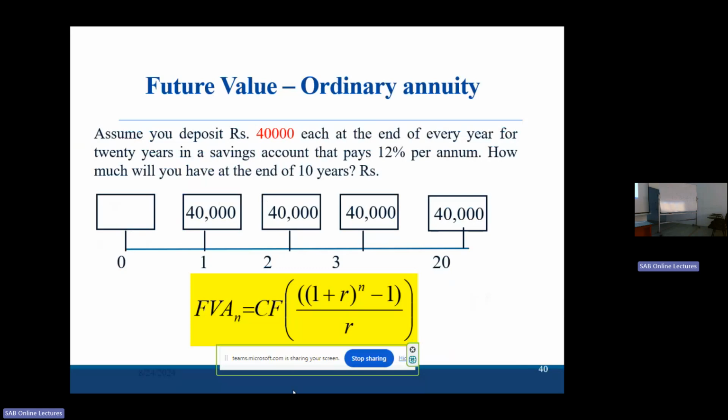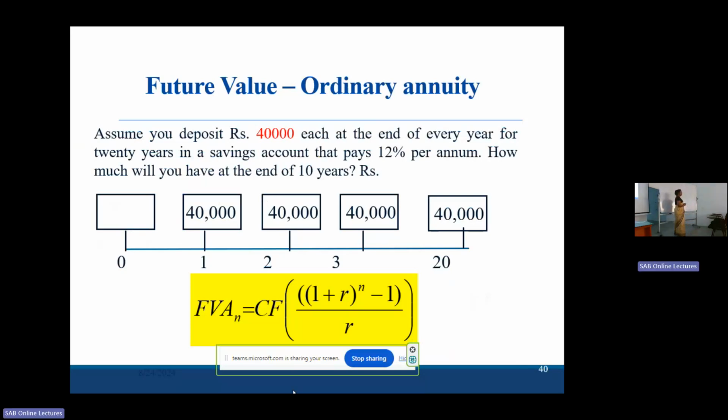Now here you deposit 40,000 monthly in an account that pays 12% per annum, but compounded monthly. So in this formula you have to adjust slightly. When there is more frequent compounding, the interest rate you have to divide by m, and n you have to multiply by m.